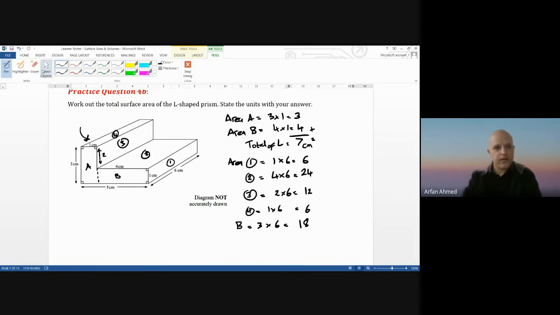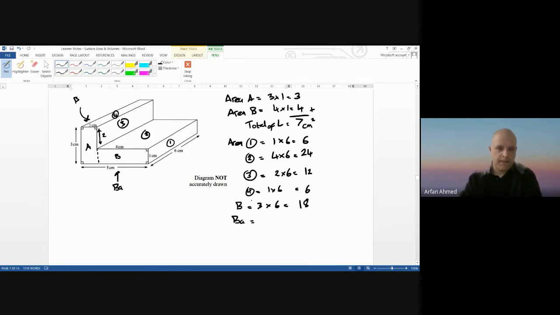Let's call that the back. In fact, let's just put a B for back, because I'm going to call the bottom the base. Yeah, let's do that. So the base is going to be 5 times 6, which is 30. And don't forget, you've got 2 L shapes. So that's going to be 14.